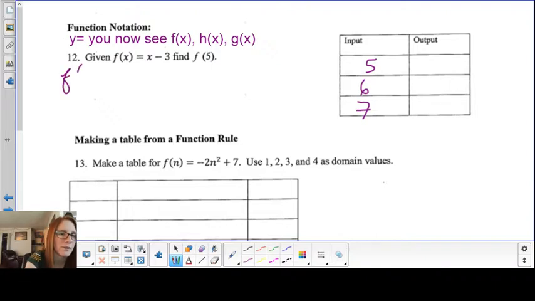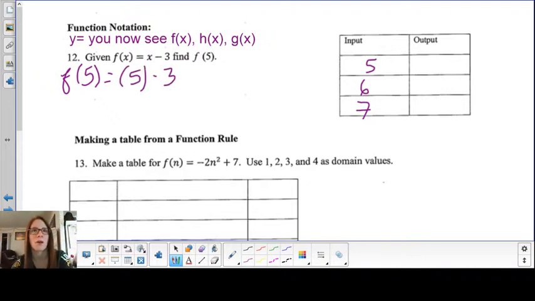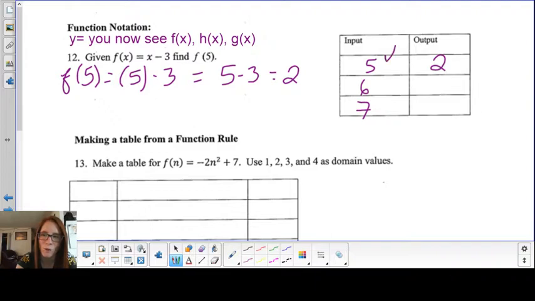You see how instead of x here, I have 5? That means every time I see x, I'm going to write 5. And I like to put it in parentheses because we don't know what else is going on with it. So anytime I see x, I'm going to instantly think parentheses. So I have 5 minus 3, which is 2. So whenever I plug in or input 5, my output will be 2.